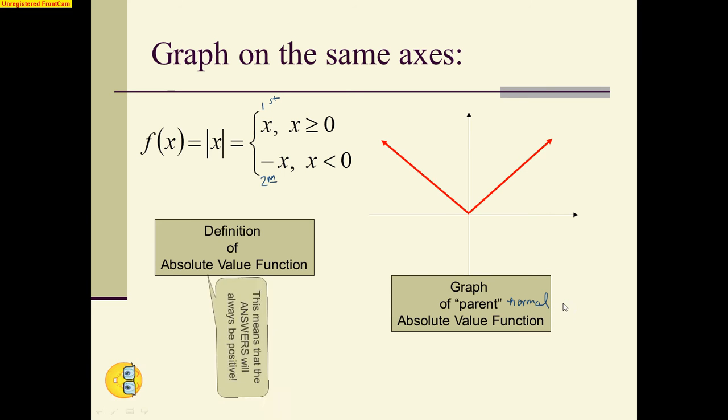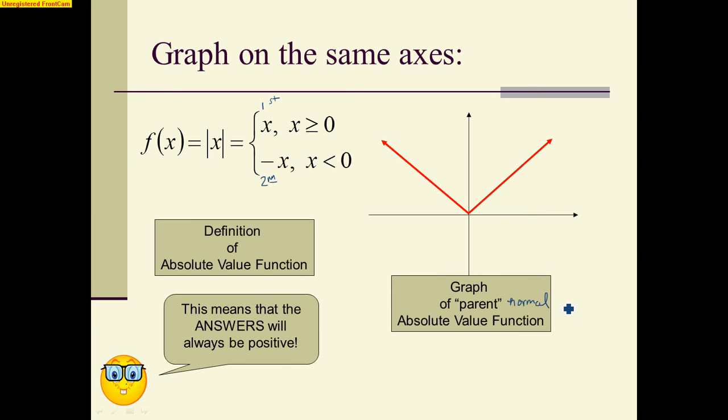The normal absolute value looks like this, a V. And don't forget that the range values of the function f of x are always positive, because when you put in x values that are positive or 0, you get 0 or positive out.